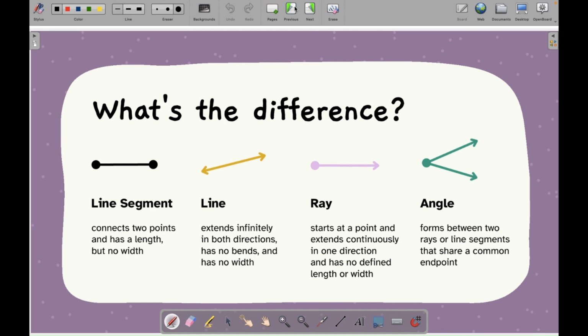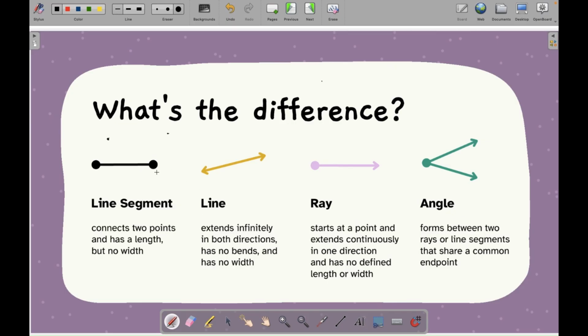Now, we already discussed that we always start drawing something with a point, and we can draw a lot of things, right? In geometry, we have certain figures, and there are certain differences between them. For example, we have a line segment. When you draw any two points in space and then join them using a line, this will be a line segment.